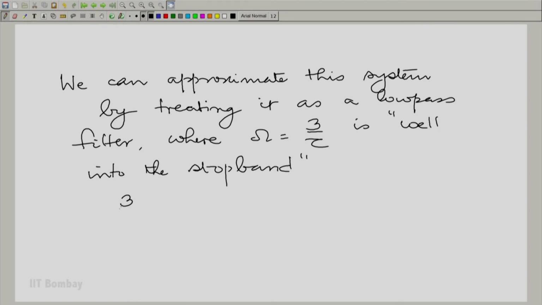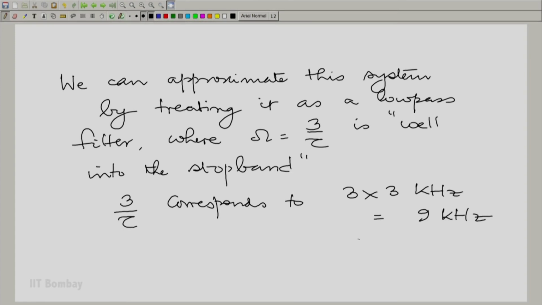Now, remember 3 by tau corresponds to 3 into 3 kilohertz, that is 9 kilohertz, and this corresponds to 3 by 4 times 12 kilohertz, or omega equal to 3 by 4 of pi. So, 3 by 4 of pi is well into the stop band, and on the other hand 1 by tau, which is 3 kilohertz, is just half the power.